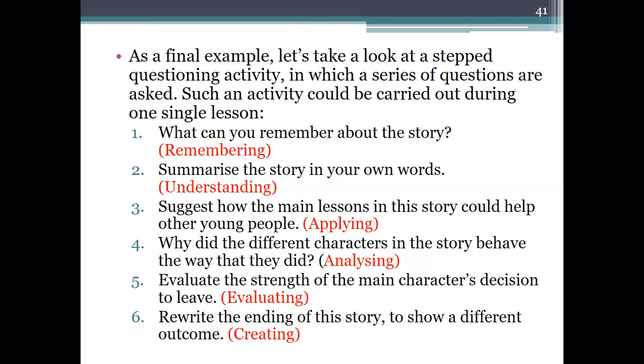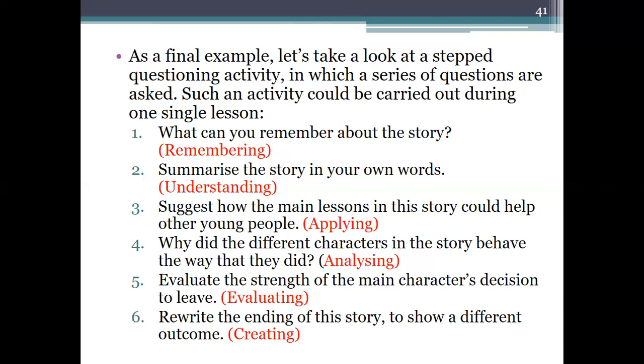Now analyzing, he has to study the different characters. He has to study the components of each character, the characteristics of each character, the depth of each character, and then he has to compare and contrast and distinguish between two or more characters.